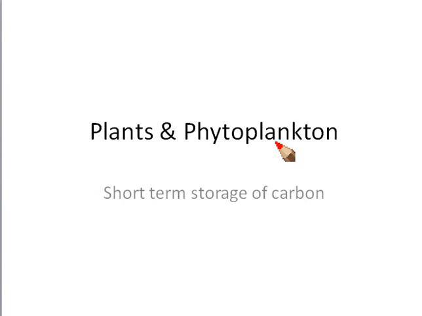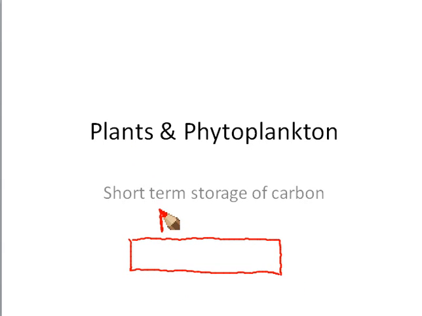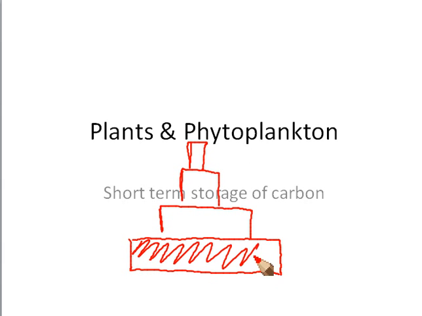Okay, so moving from our nematodes storing carbon in soils, we're now looking at the storage of carbon in plants and phytoplankton. If you think back to pyramids of biomass, we have basically the pyramid building up like so, and we know that this first layer in the pyramid shows our primary producers, our plants and our phytoplankton, and by mass there's more of these organisms than the primary consumers, the secondary consumers, or the tertiary consumers.